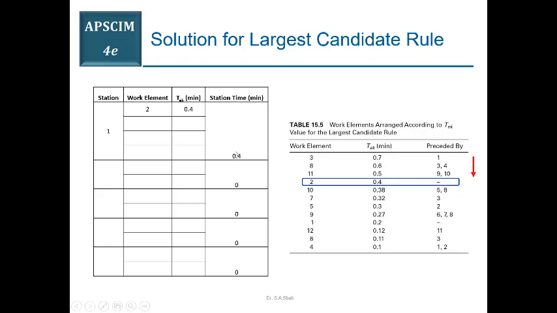The time slot that is now available is 0.6 minutes, because the machine will be busy for 0.4 minutes here. A task of 0.6 minutes can be assigned.